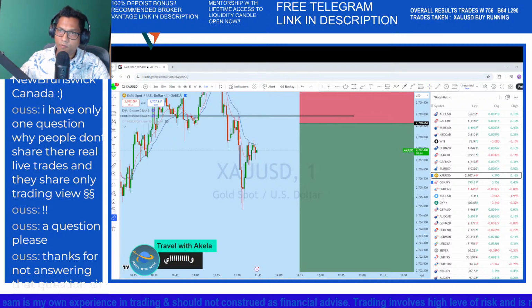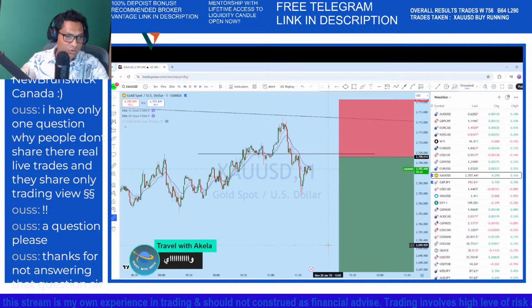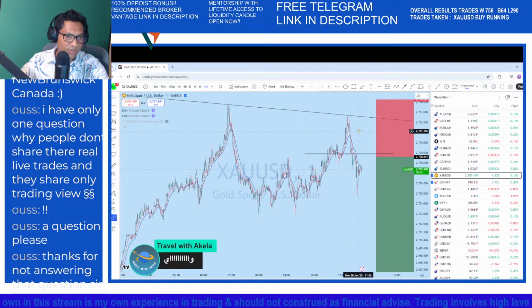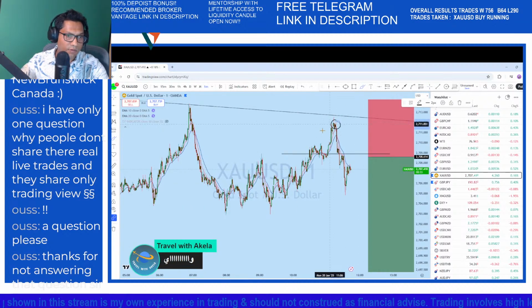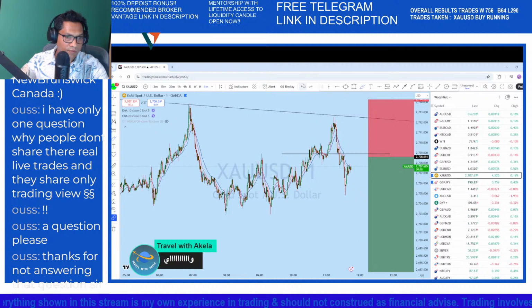So we are a couple of pips up, waiting for the market to come back here and then to continue to drop. As we can see, there is a big head and shoulder here on the 1 minute chart, from the head and shoulder to trend to create a new lower low.